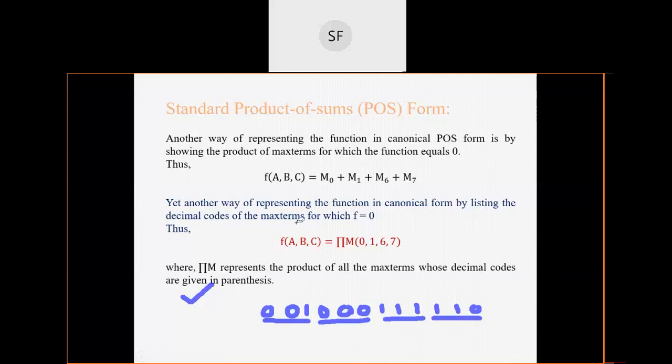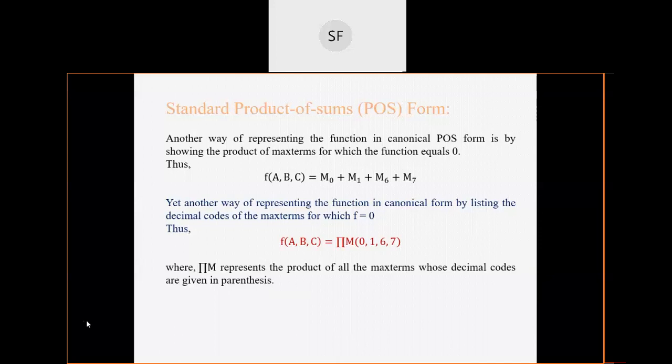Just go through it one more time, product of sum and sum of product. The flow of discussion is exactly the same. Just remember the key differences, and then it will be very easy for you to understand these concepts.